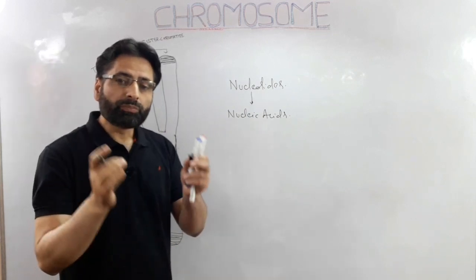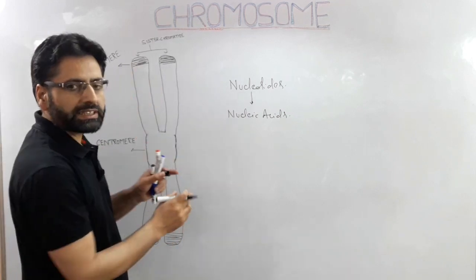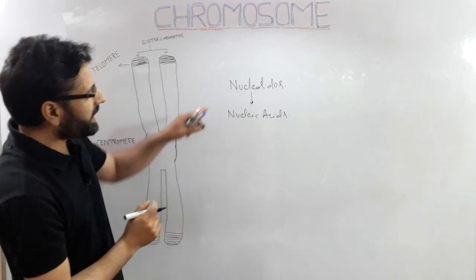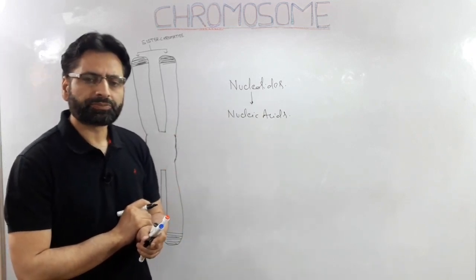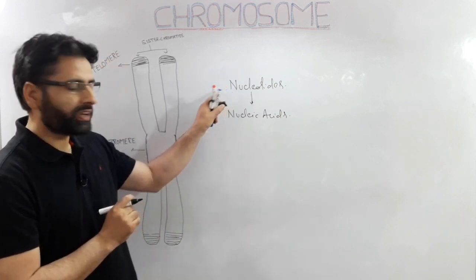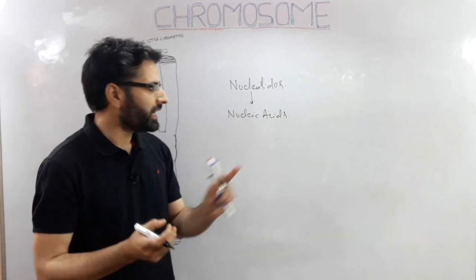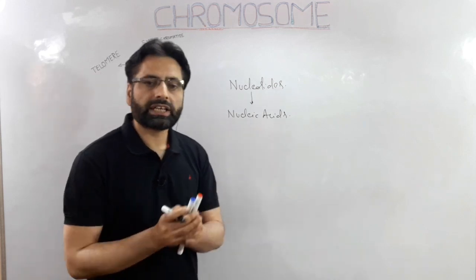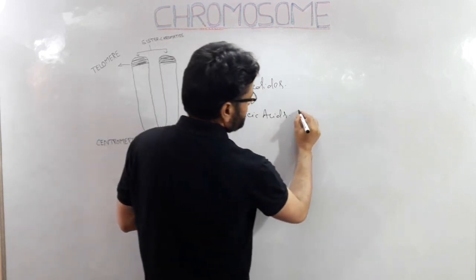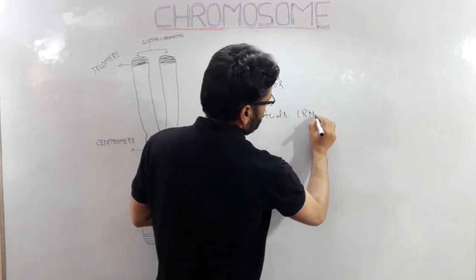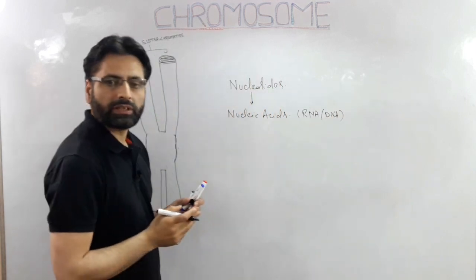So far as the complexity of the genetic material is concerned, the chromosome stands at the topmost level, and at the simplest or most basic level we have nucleotides. When interlinked through phosphodiester bonds, they form a chain of nucleotides, and that chain is called a nucleic acid. And here we have two nucleic acids: one is RNA and the second is DNA.